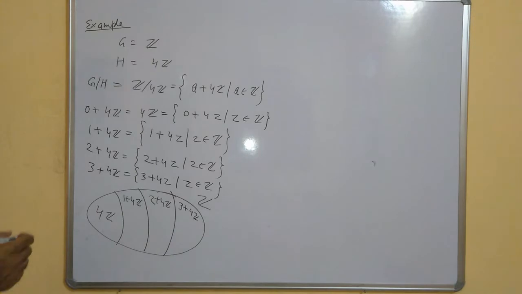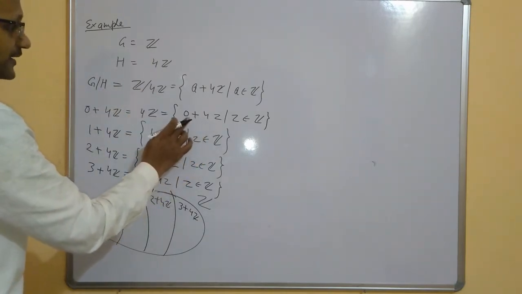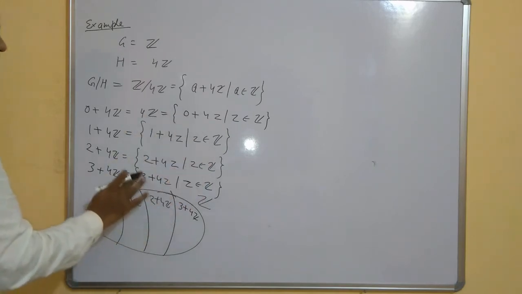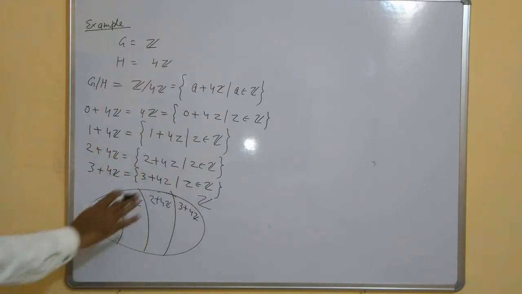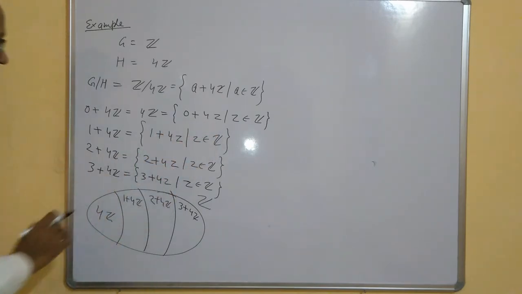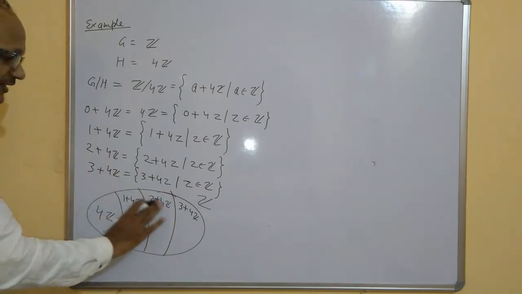Now as you can see, given any integer, when you divide by 4, you will get the remainder 0, 1, 2 or 3. So any integer will be of either this form, or this form, or this form, or this form. So it will cover the whole set of integers. So the whole set of integers will be exhausted.